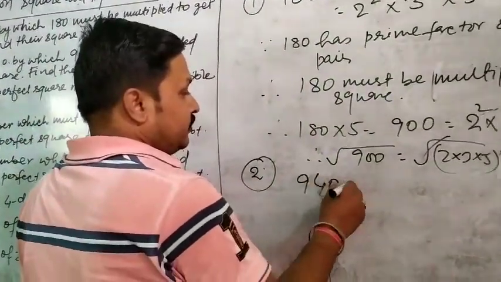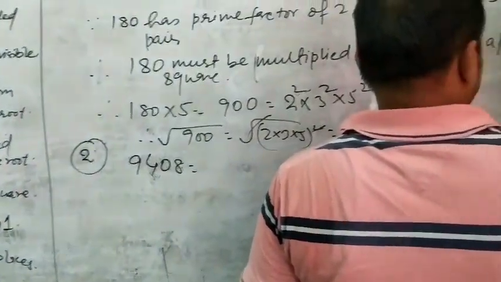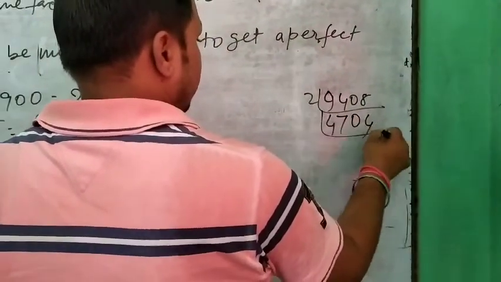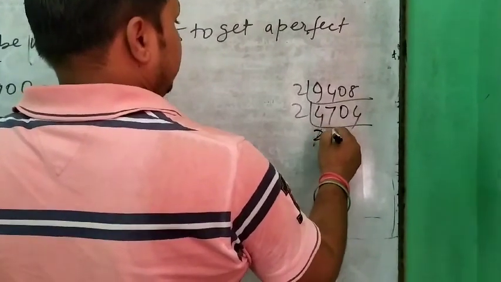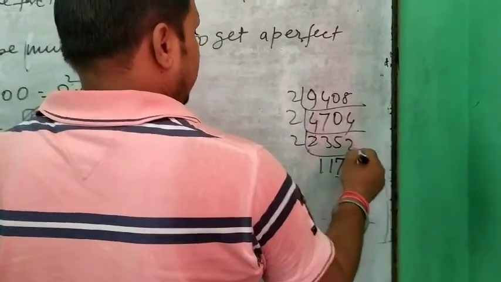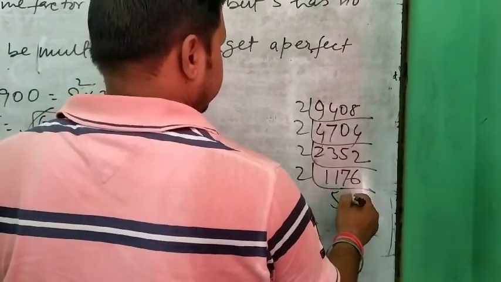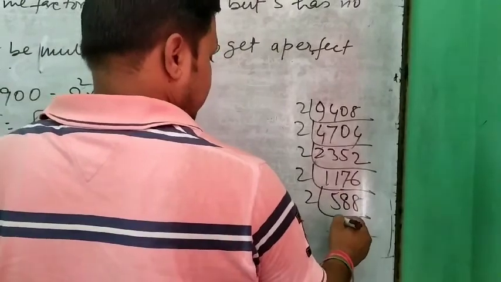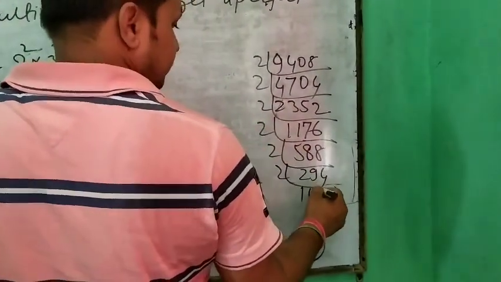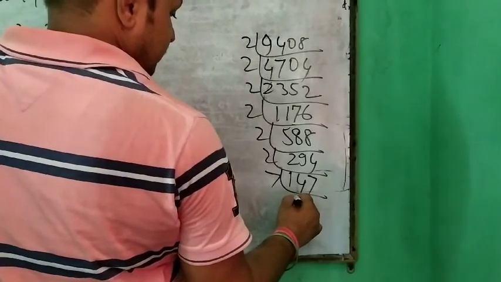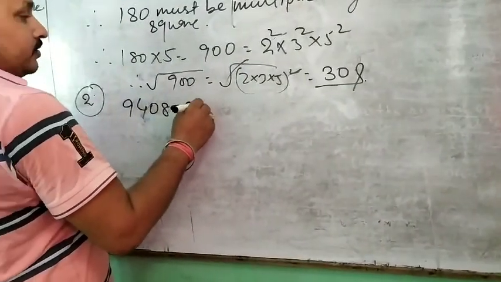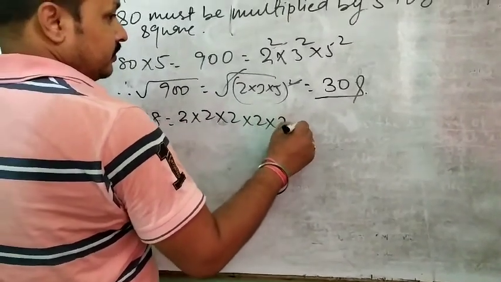At first, 9408 must be factorized. 9408 is 2 times 4704, again 2 times 2352, again 2 times 1176, again 2 times 588, again 2 times 294, again 2 times 147, now 147 is 3 times 49, and 49 is 7 times 7.